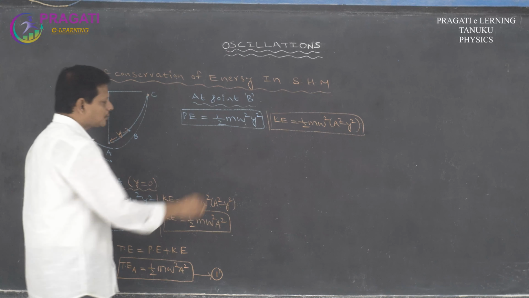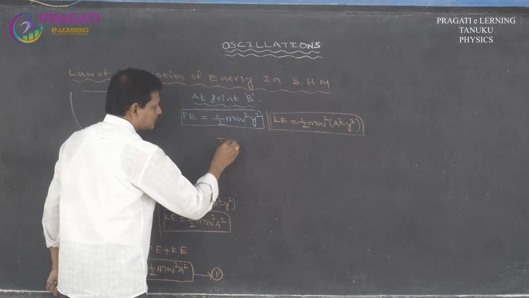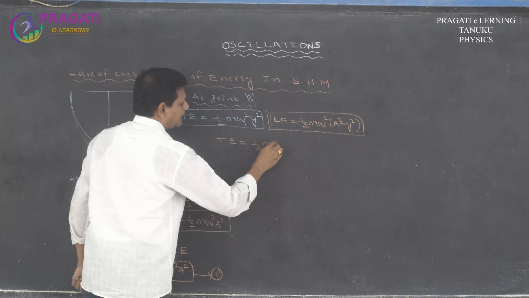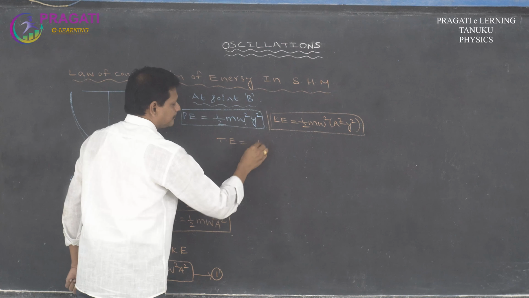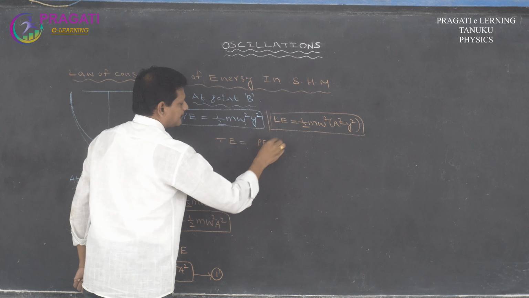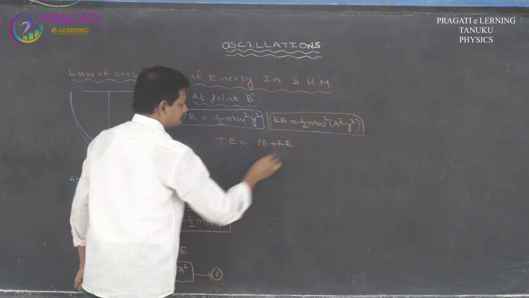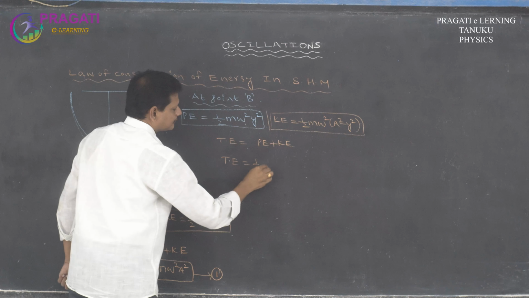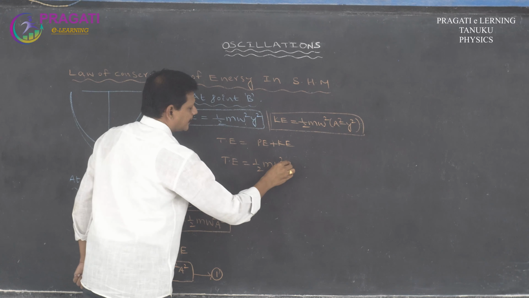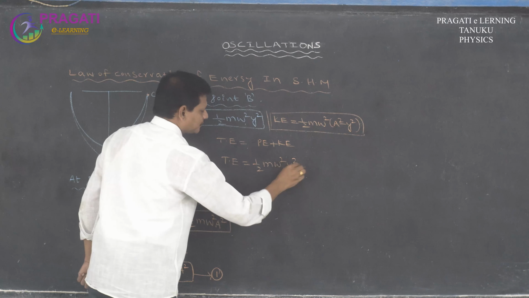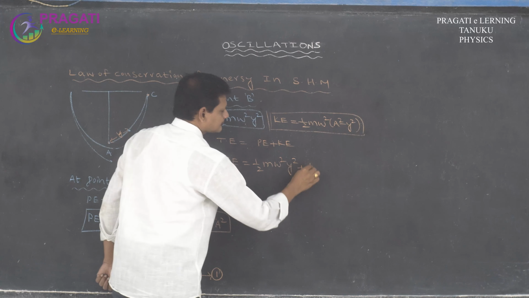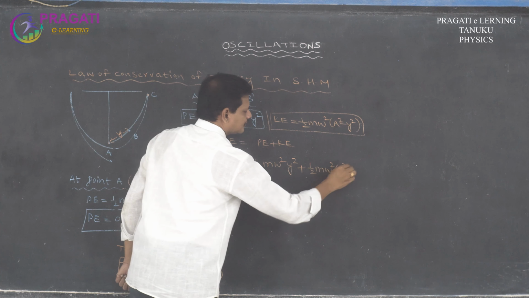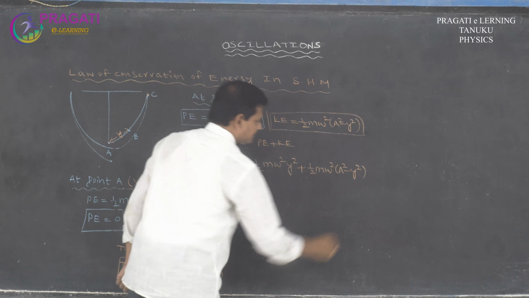Okay. So we want to prove the total energy at a displacement, that is PE plus KE. So total energy TE is equal to half m omega square y square plus half m omega square (A square minus y square).